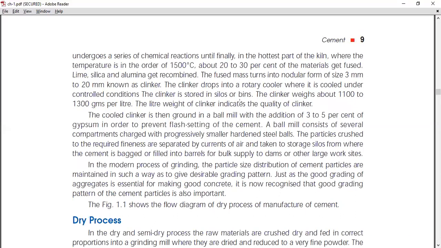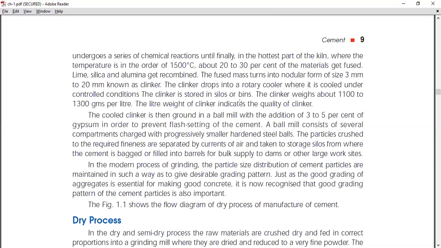It now undergoes a series of chemical reactions until finally, in the hottest part of the kiln, where the temperature is in the order of 1500 degrees Celsius, about 20 to 30% of the materials get fused. Lime, silica and alumina get recombined.